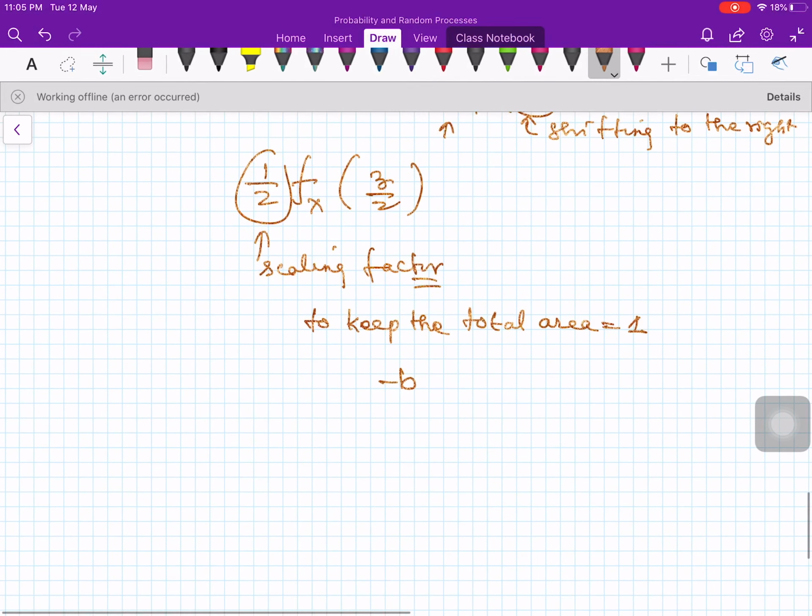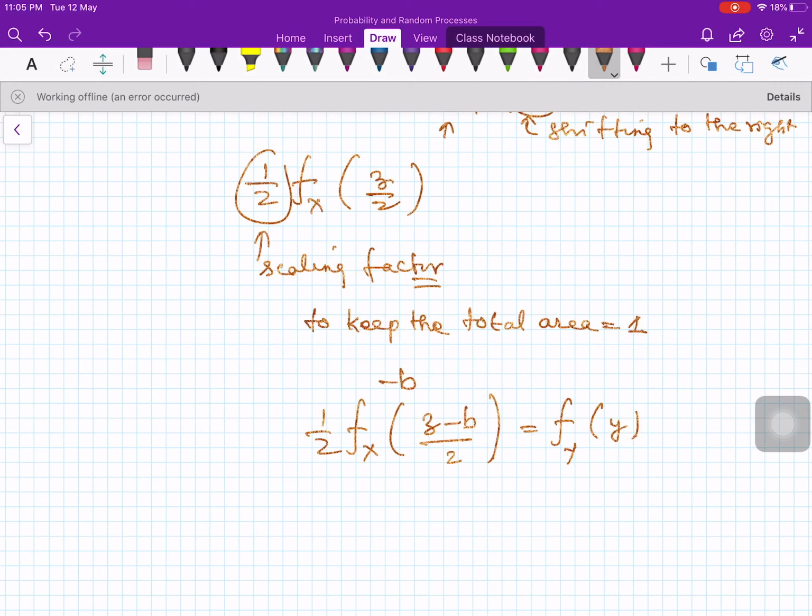So if you introduce a -b, then 1 by 2 fx of (z minus b) by 2. That's it. So this is the density function of your new random variable capital Y. So the scaling down keeps the total area equal to 1, and then I need to introduce this extra term -b to do the shifting to the right.